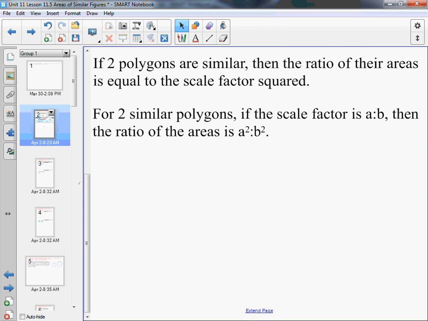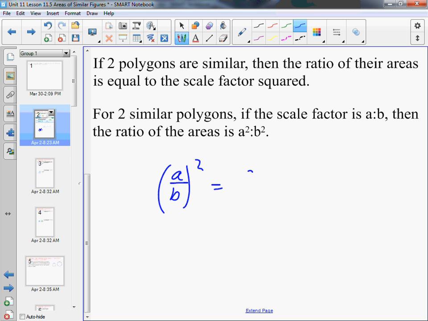Okay? Because look, here's something about exponents that you knew at one point. Let me remind you. If that's the scale factor, and we're supposed to square it because the ratio of the areas equals the scale factor squared, that's the exact same thing as squaring the numerator and squaring the denominator. Remember that? Okay?